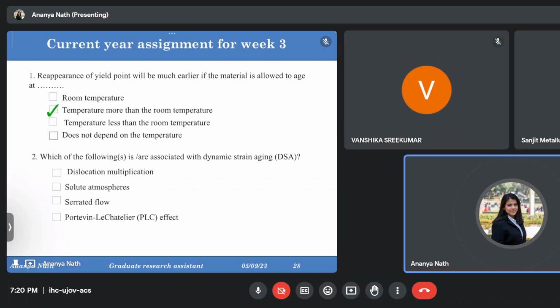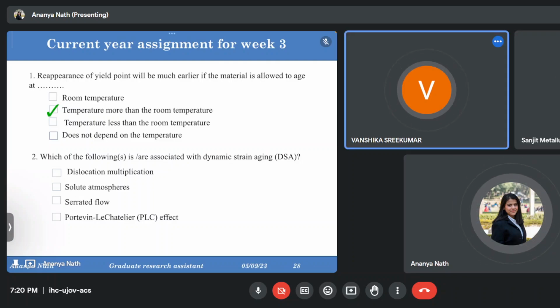Yes. Which of the following are associated with dynamic strain aging? PLC effect, serrated flow and solute atmosphere also.